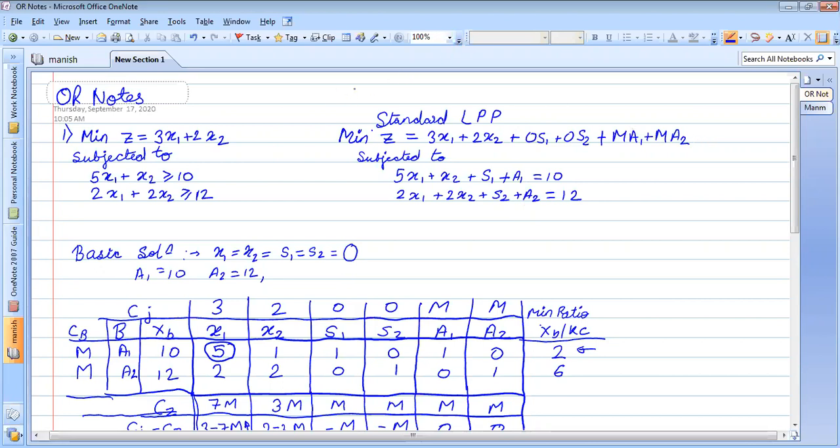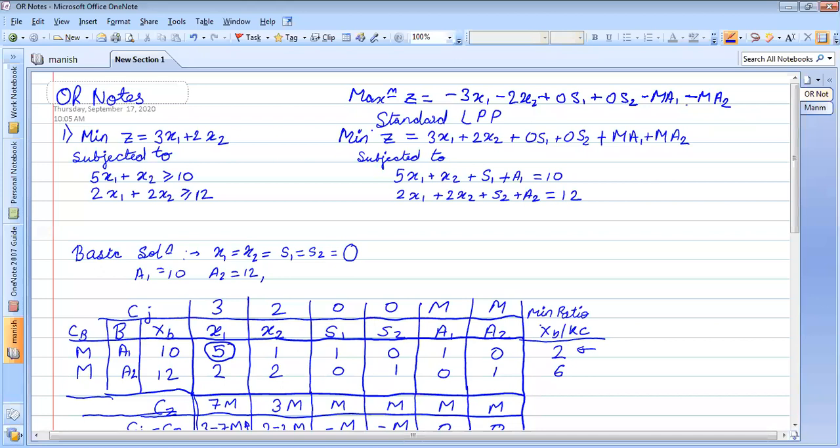Okay. If you remember, if I would have converted it into a maximization problem, then I would have written maximize Z is equal to minus 3x1 minus 2x2 plus 0s1. This doesn't make any difference whether you write plus 0 or minus 0s2, but here it will be minus Ma1 minus Ma2.